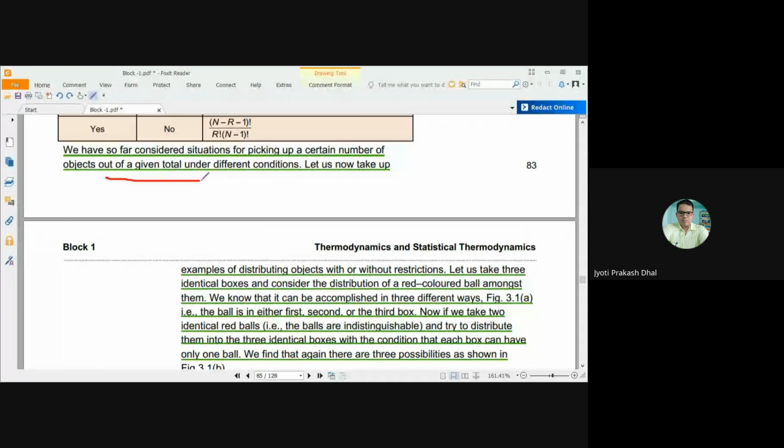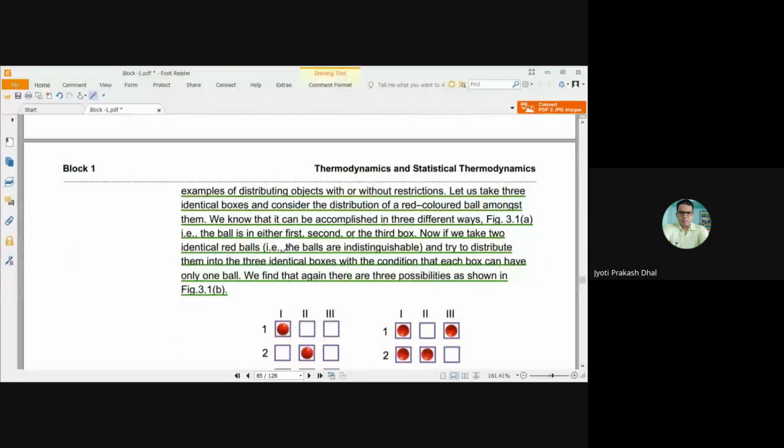That means up to now what we have discussed is picking up a certain number of objects out of a total number of objects under different conditions. Now let us take up an example of distributing objects with or without restriction.